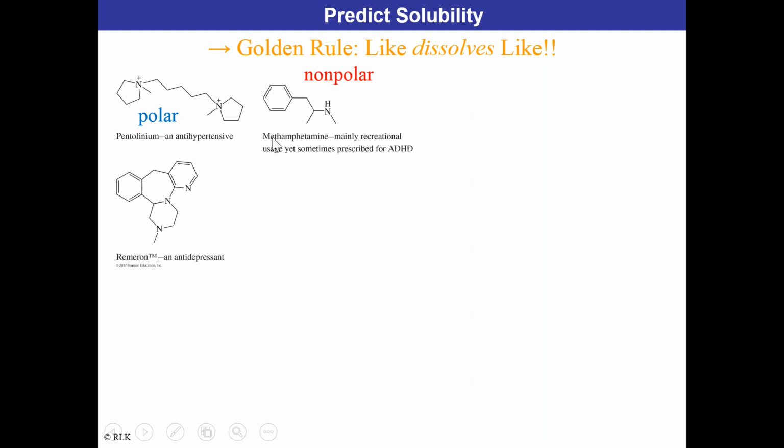If you're going to take a look at methamphetamine, although you do have hydrogen bonding that can take place, right? You see the nitrogen there. It is a second degree nitrogen, but the problem is it's so overwhelmed by this aliphatic chain immediately to the left of that nitrogen, followed by that aromatic ring, which is non-polar as well, that overall the hydrogen bonding is not going to be enough, especially because there would be perhaps one lone pair of electrons, right?